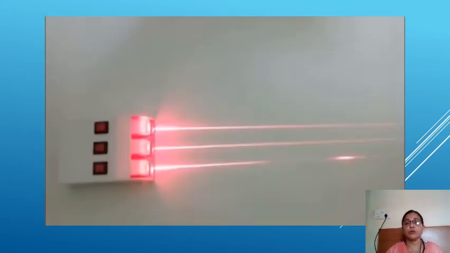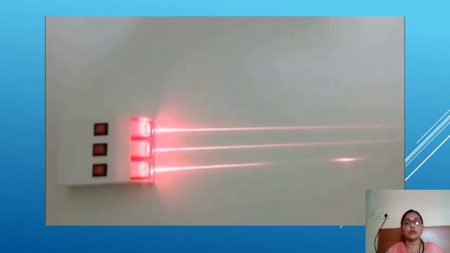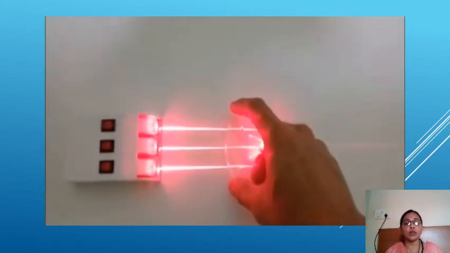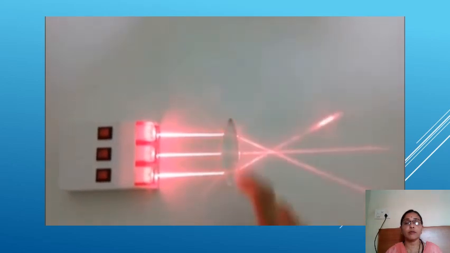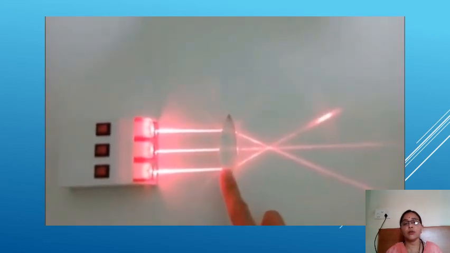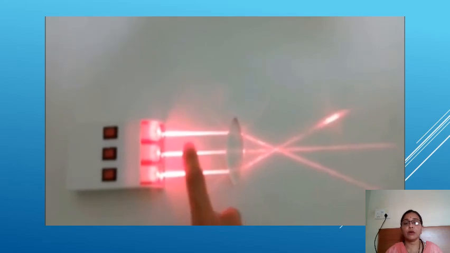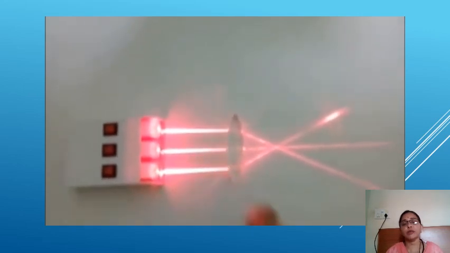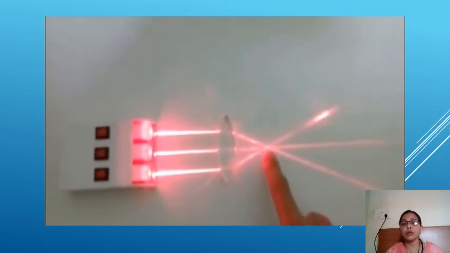See this video. The laser torches are there, and I have put a convex lens in between. When the convex lens comes in between, you could see three rays which are parallel to the principal axis.